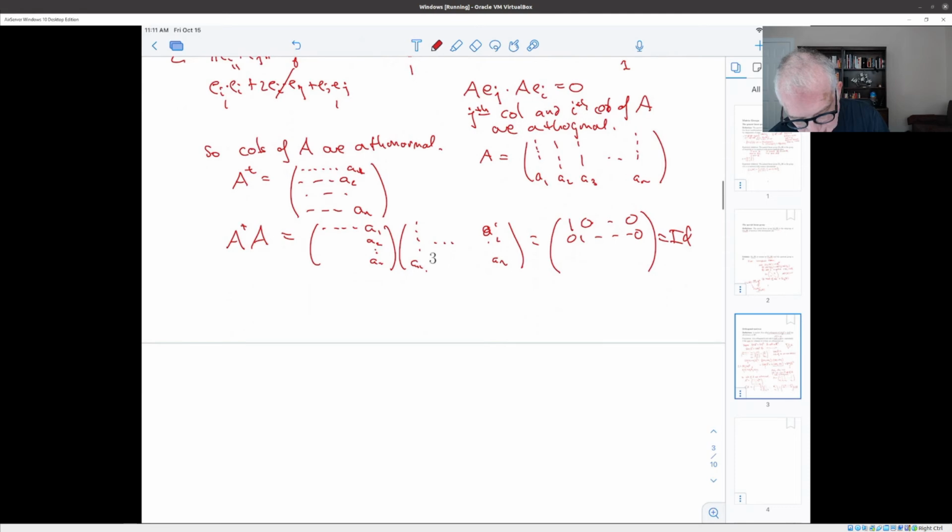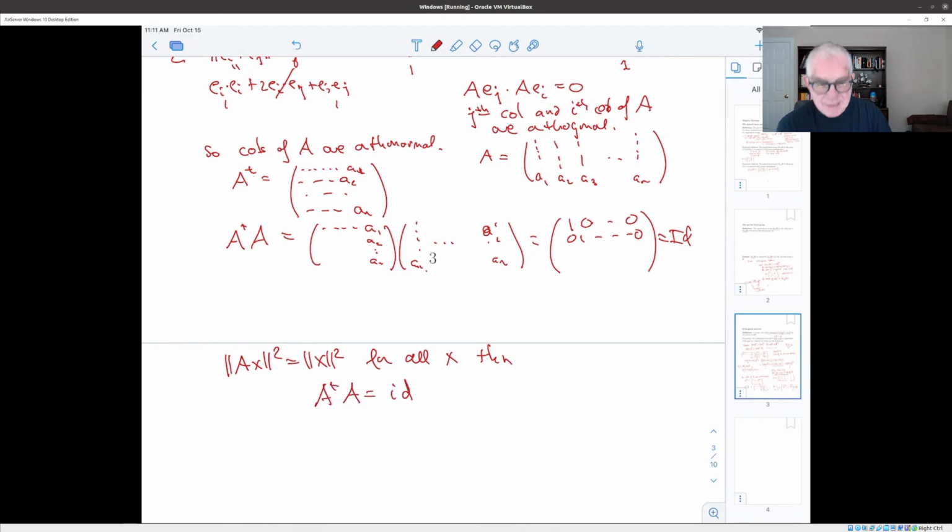So we've shown at this point that if the norm of Ax squared equals the norm of x squared for all x, then A transpose A is equal to the identity, and the columns of A are an orthonormal set. But this condition tells us that A transpose is equal to A inverse, right?